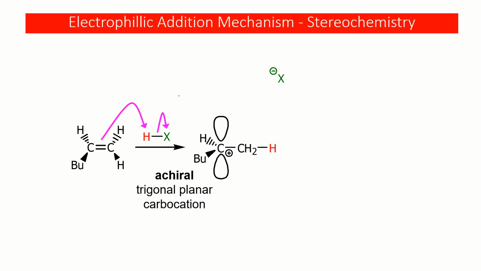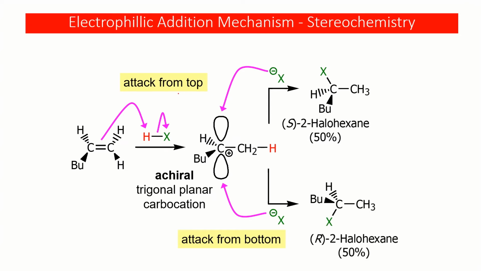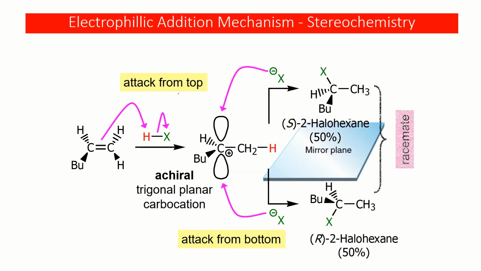My bromine or my halide can attack both above or below the plane of this carbocation. And so we end up with a racemic mixture.